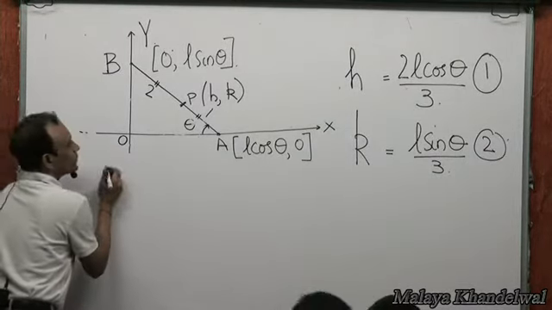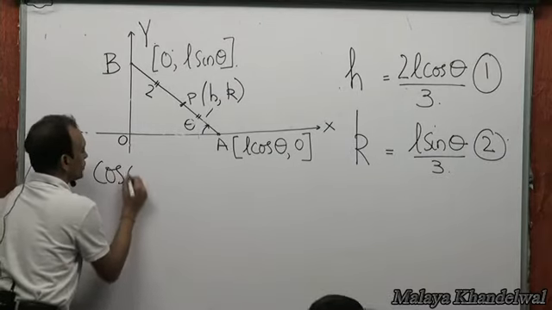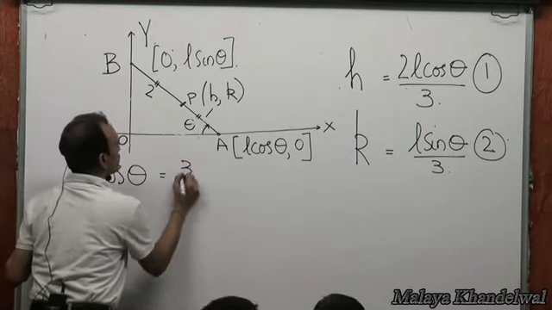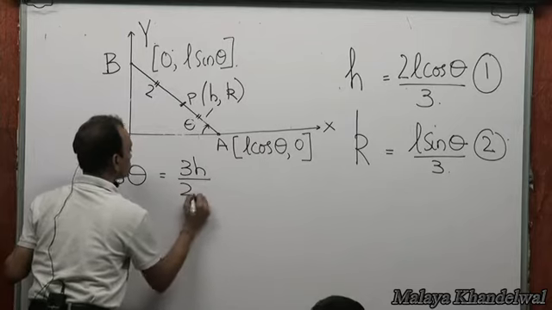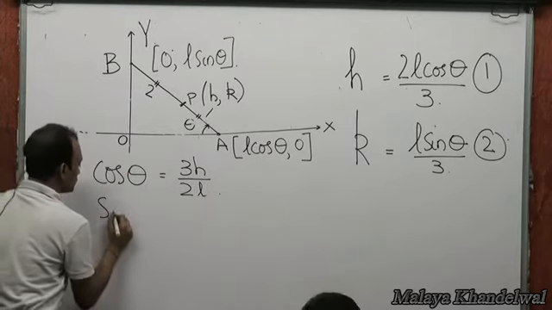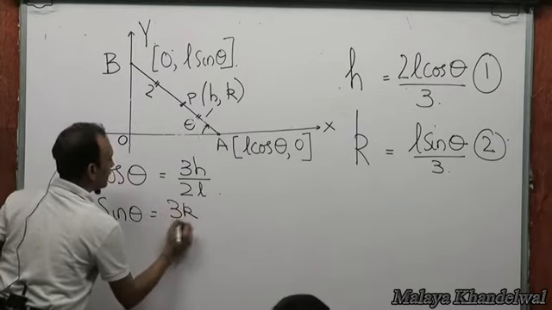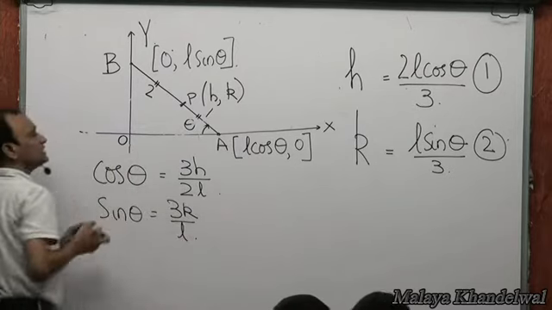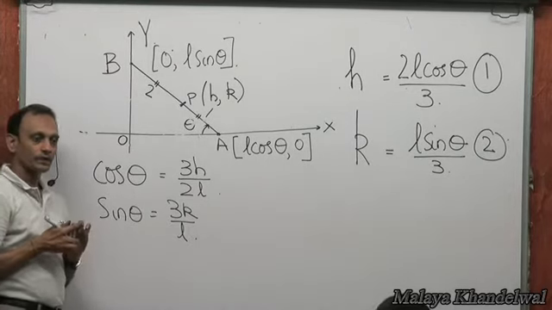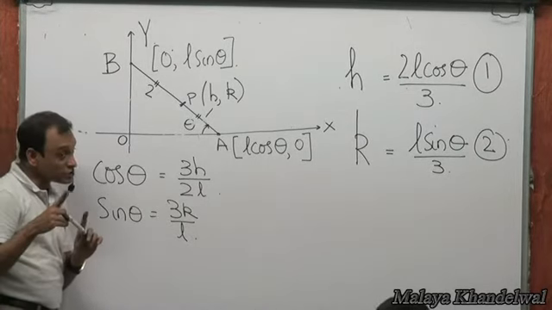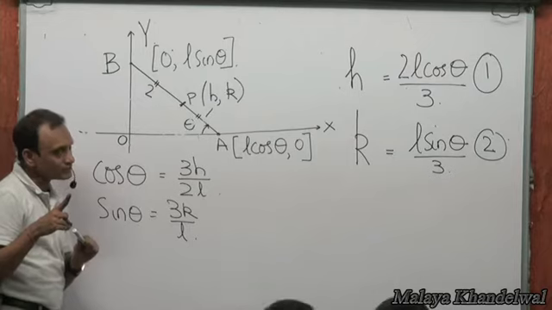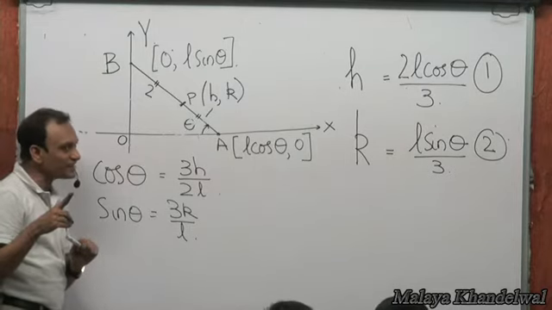Then cos theta, as you can see from equation 1, is 3h by 2L. Sin theta is 3k by L. I need a relationship that should not involve the parameter. How can I eliminate the parameter theta here?